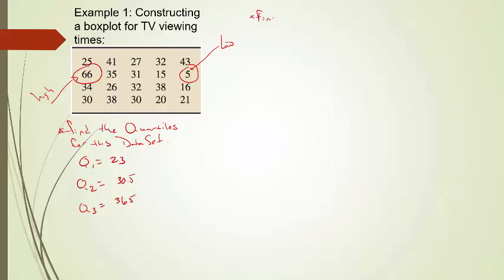Now let's find the IQR, the interquartile range. Well, that's Q3 minus Q1, which is 36.5 minus 23, which gets me 13.5. Now, for a box plot, are there any outliers?